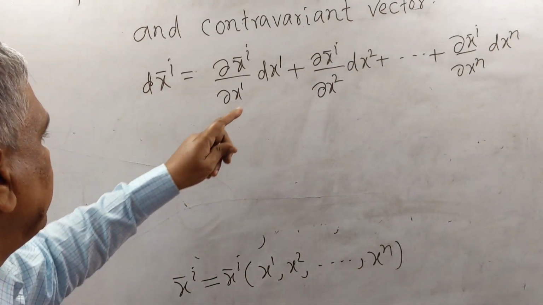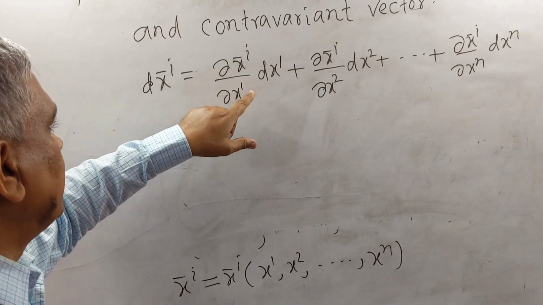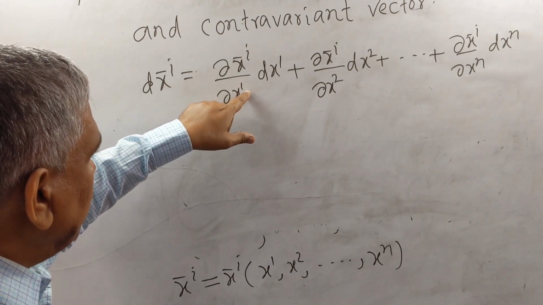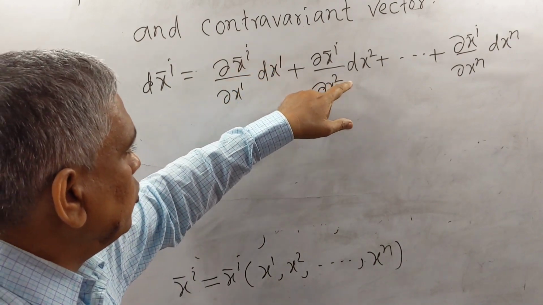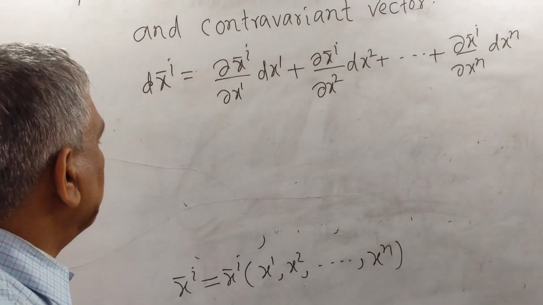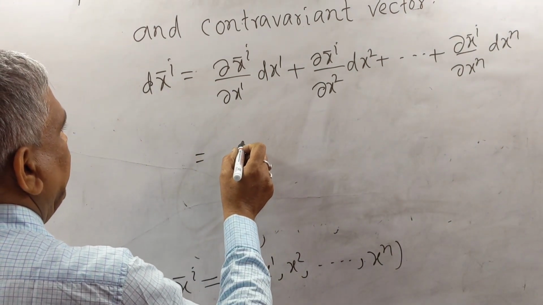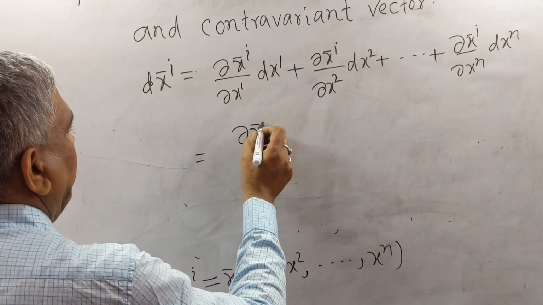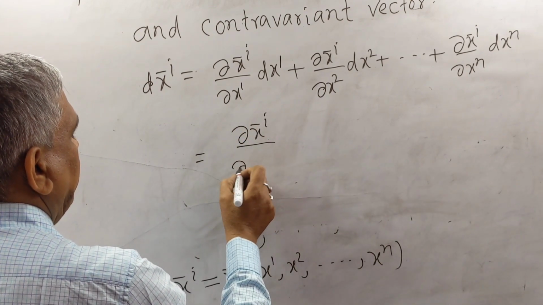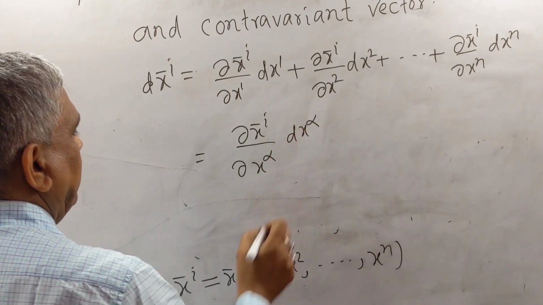Here in each term the suffix is repeated, 1 1, 2 2, n n. So we may write it with a dummy suffix as del x bar i by del x alpha dx alpha.